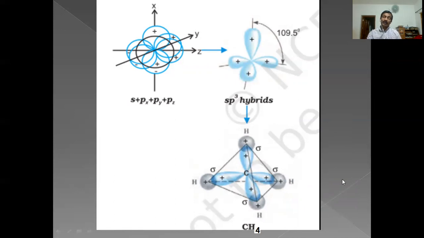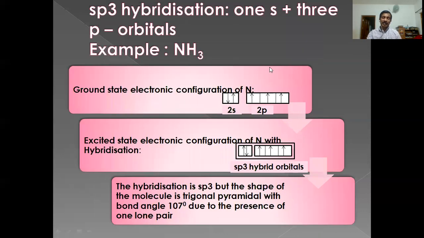Another example for sp3 hybridization is NH3. In NH3, the ground state electronic configuration of nitrogen is 2s2, 2p3. Here the 2s electrons are paired, and in the 2p orbitals there is an unpaired electron in each orbital. In the excited state, it will undergo hybridization.